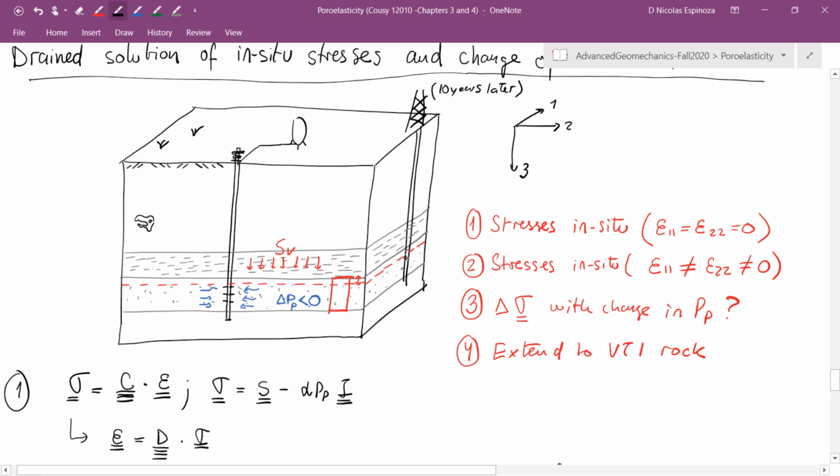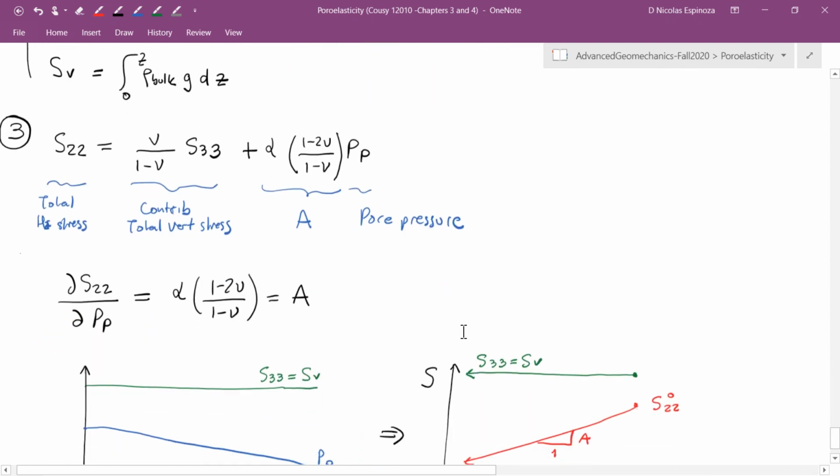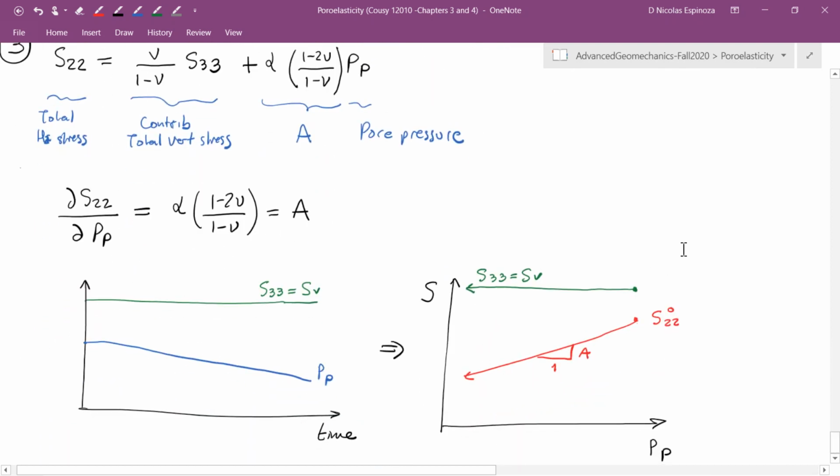Okay, then total horizontal stress is going to decrease with time, and this is what we see in this equation. So let's talk a little bit more in detail about what this parameter A is.